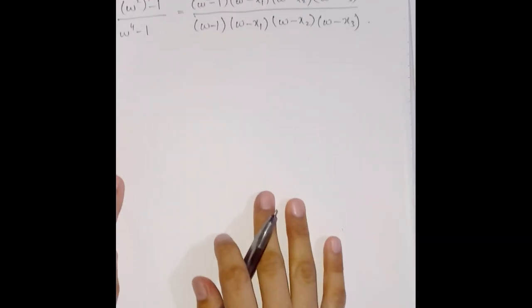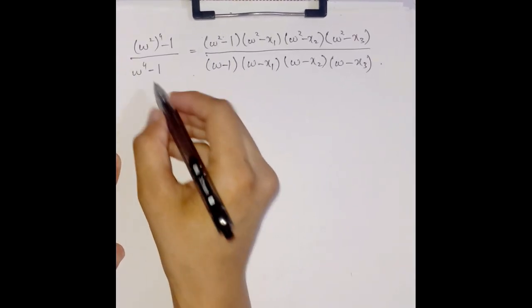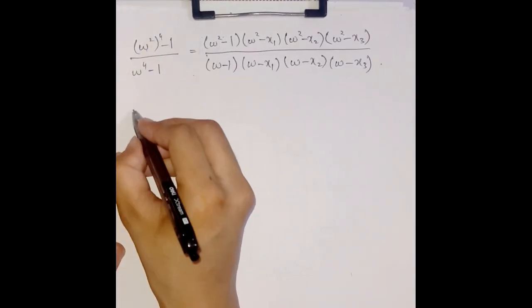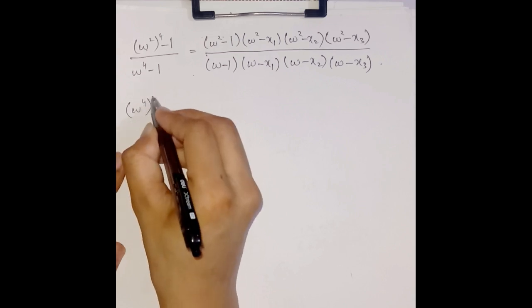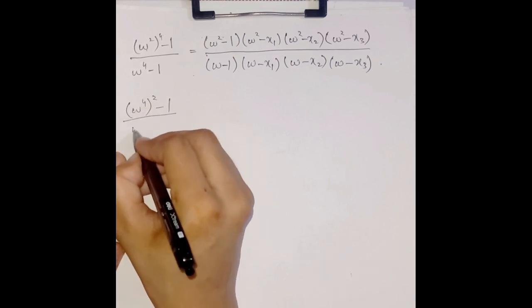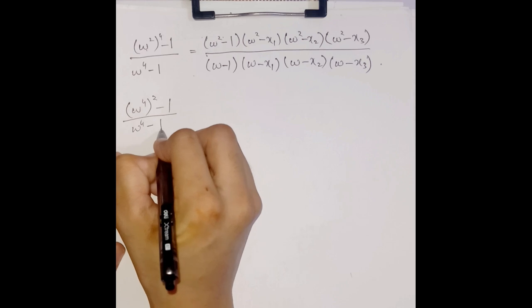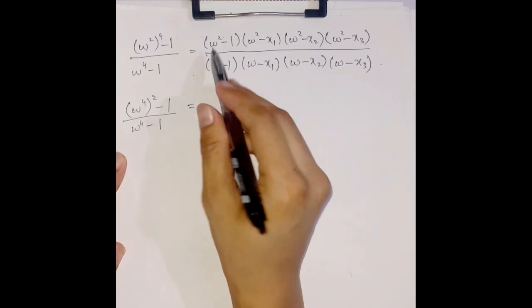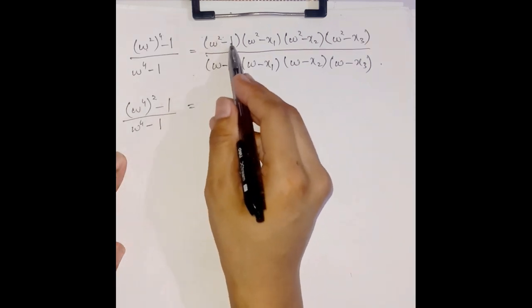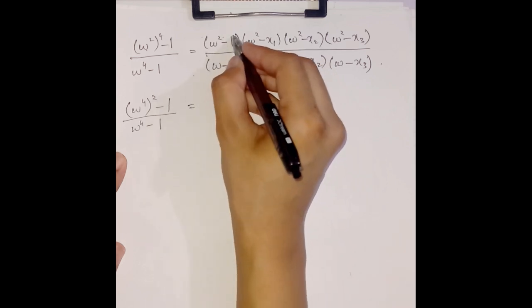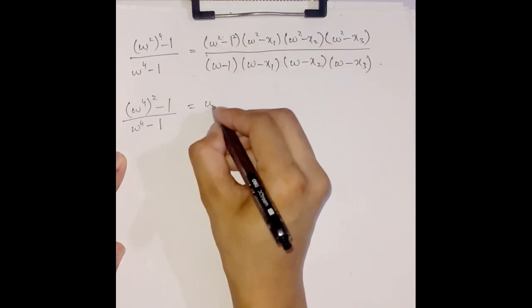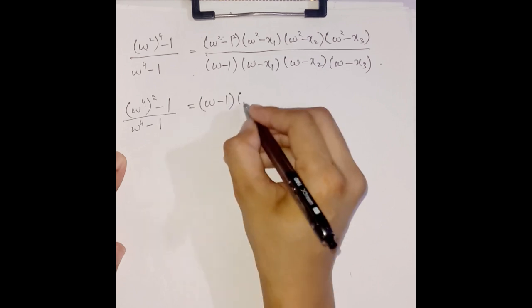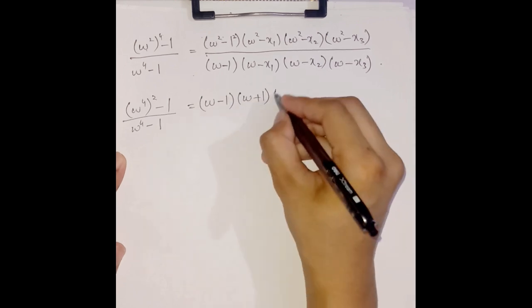Now here you can see it's omega square to the power 4. I'm going to write it as (omega to the power 4) square minus 1 over omega to the power 4 minus 1. Omega square minus 1 is a square minus b square, so I can write it as omega square minus 1 square, which means (omega minus 1)(omega plus 1).